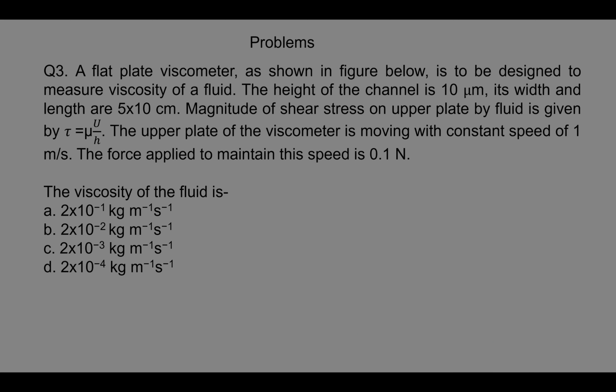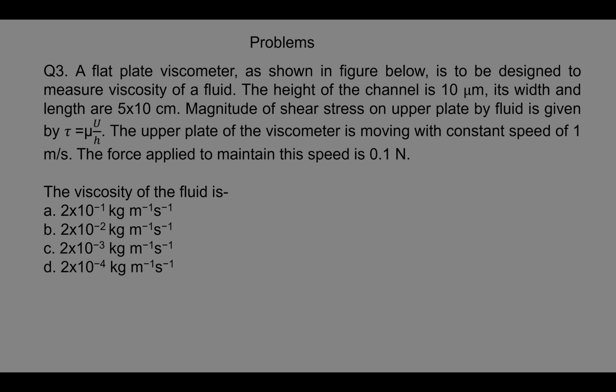So question number three is saying that a flat plate viscometer is shown in the figure. Okay, I forgot to mention the figure. After reading this, I'll try to make a figure. It is to be designed to measure the viscosity of a fluid. The height of the channel is 10 micrometer.